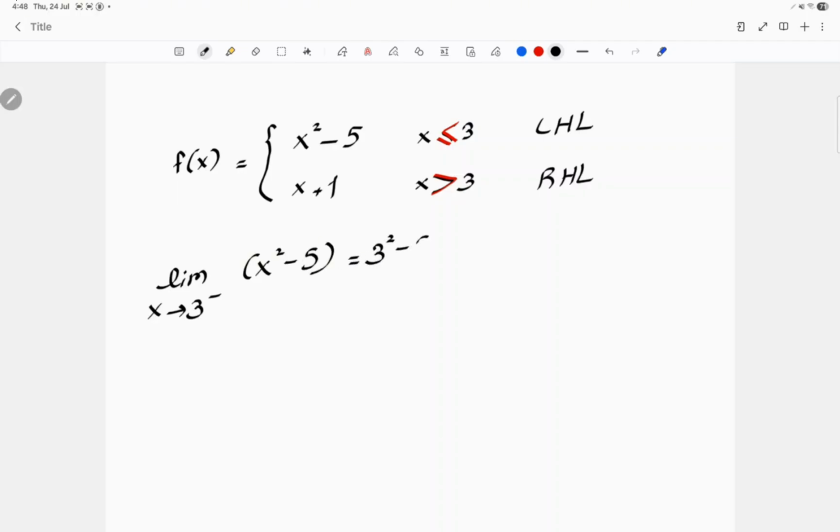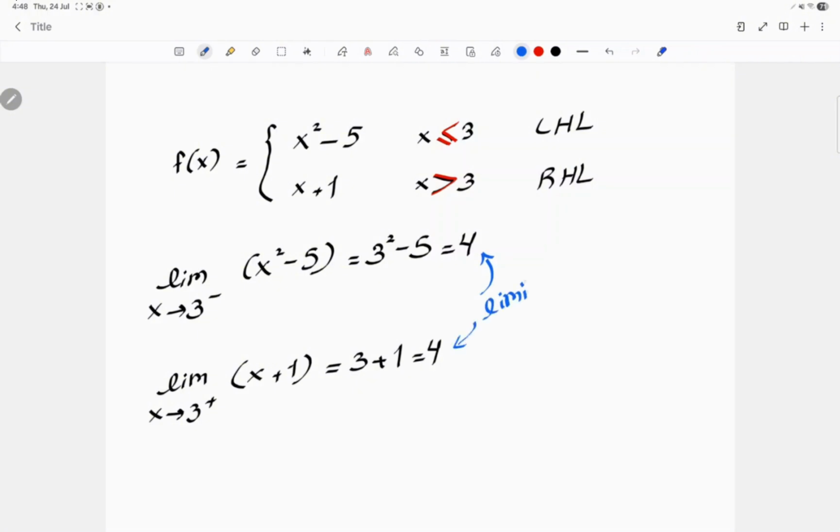So 3 squared minus 5, which equals 4. Limit of x approaching 3 from the right is 3 plus 1, which is 4. Now, because they're the same as each other, what do we say? The limit? It exists. And it's equal to 4.